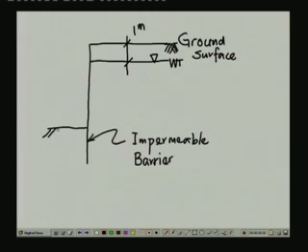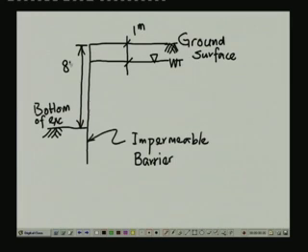This is the bottom of excavation. So this height here is 8 meters, and what I have also given today as supplementary information is that this depth is 4 meters, to which the impermeable barrier was inserted into the ground. Okay, so that is the geometry.